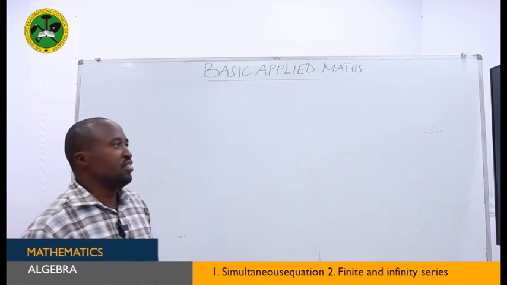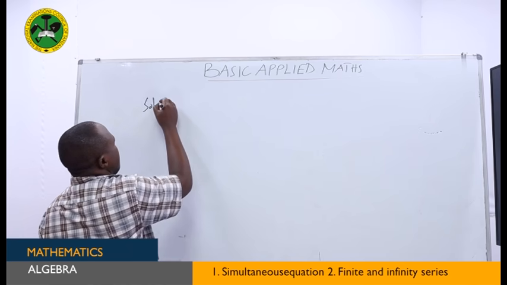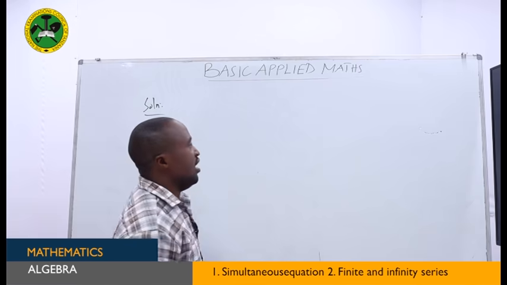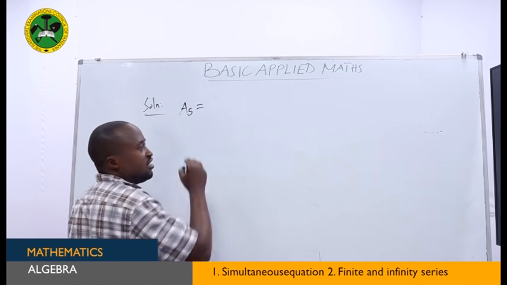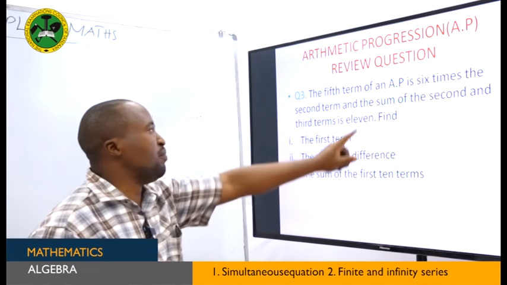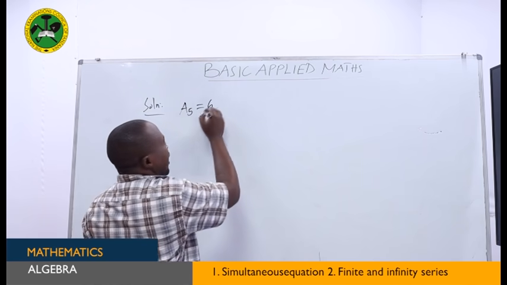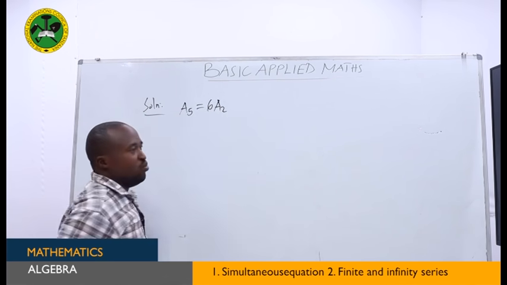So in our question, the question says the fifth term, suppose we have that is A5, that the fifth term of an arithmetic progression is 6 times the second term, that is A2.